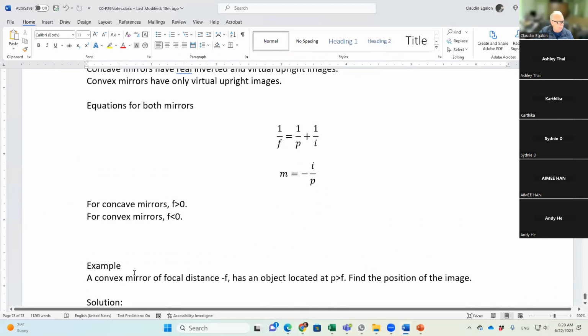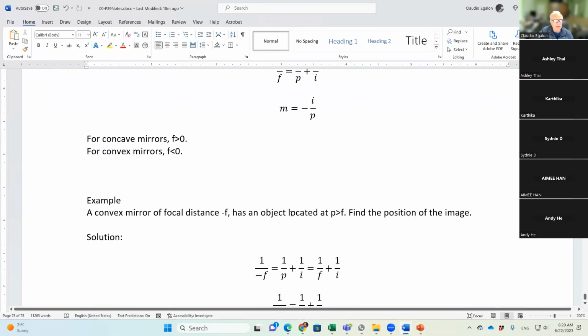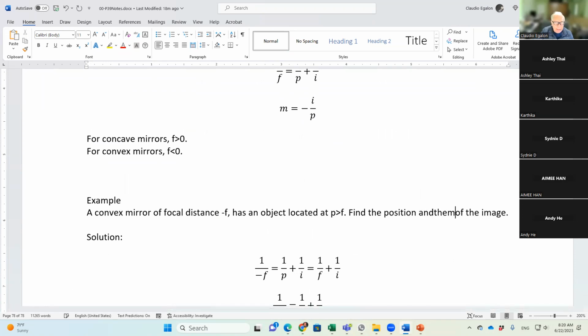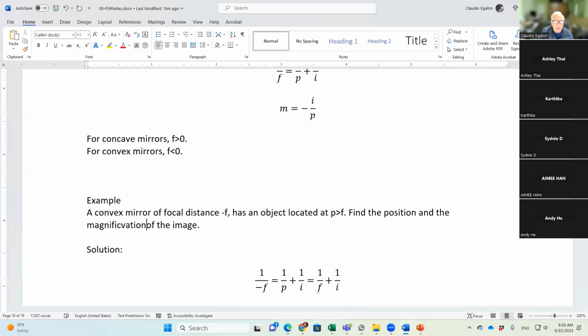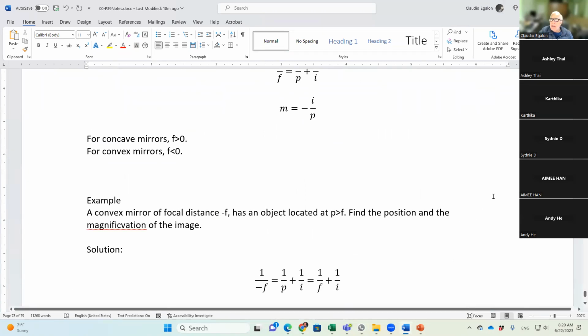Now look at a convex mirror of focal distance minus F that has an object located at P greater than I. Find the position and the magnification of the image.